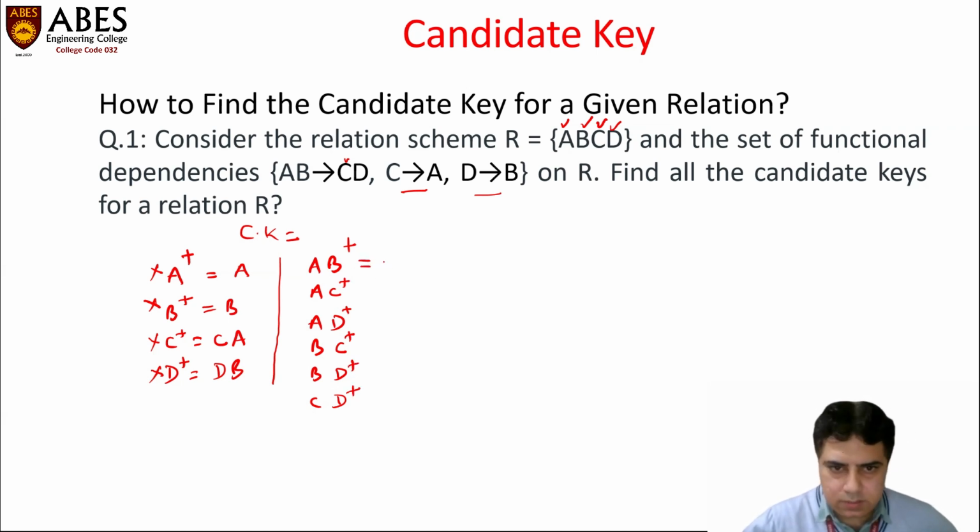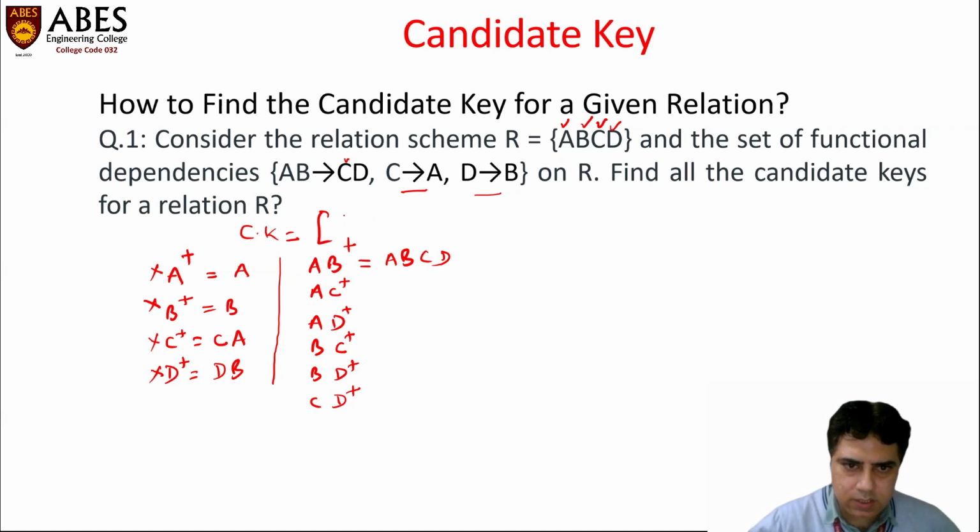Now take AB. We can determine AB, then from AB we can determine CD. So here we can determine all the attributes of relation R from AB. So this is our first candidate key, that is AB, that we have determined. From AC we can determine A, C, and from C we can determine A, then there is no further attribute that can be determined.